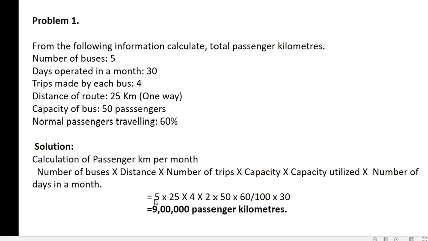Number of buses is 5, the distance is 25 km one way, number of trips is 4, assuming it is a round trip, 4 into 2, the capacity of the bus is 50 passengers, normal passengers traveling is 60%, so 60 divided by 100, days operated in a month is 30, and we have the total passenger kilometer, that is 9 lakh passenger kilometer. In this problem we have been asked to find out the passenger kilometer, and the passenger kilometer as per the calculation is 9 lakh passenger kilometer.